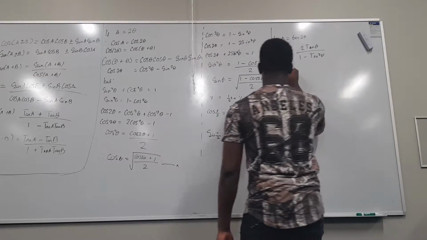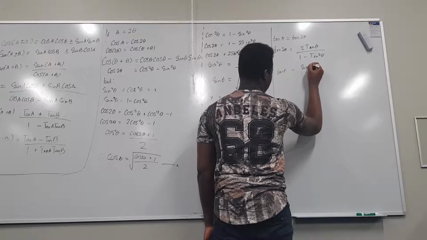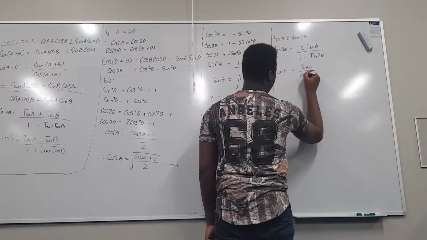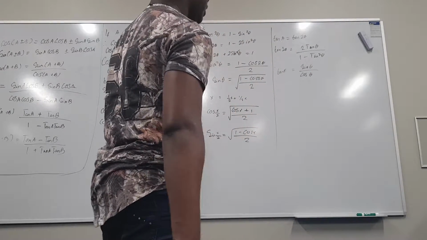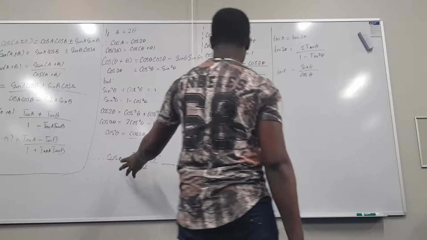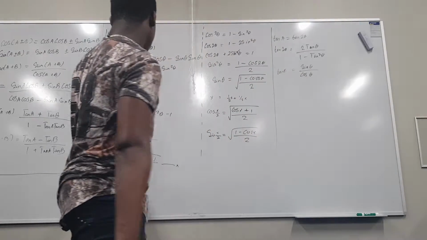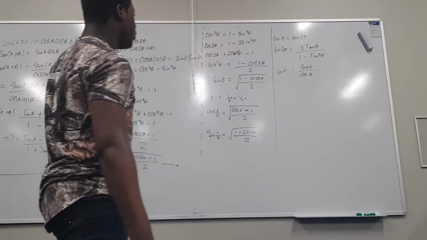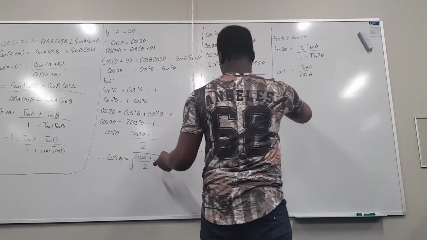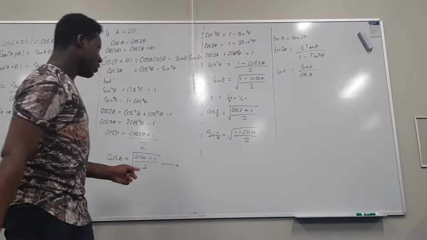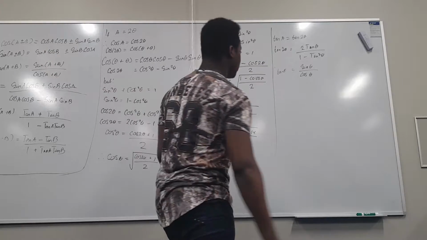We know that tan theta is equal to sine theta over cosine theta. We already know what sine theta is, and what cosine theta is, so the denominators will cancel out. We have the numerator for this and the numerator for this, where the numerator for this will be the denominator for tan, and the numerator for this will be the numerator for tan.